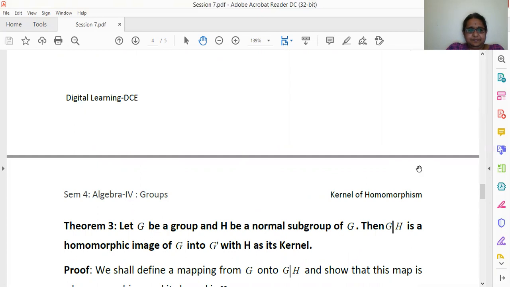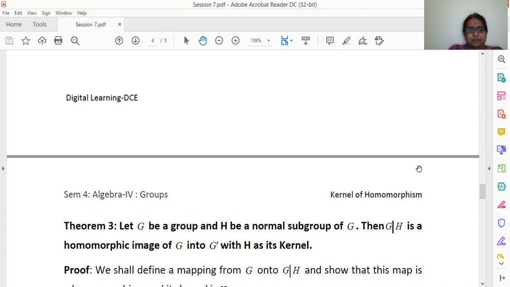Next theorem. Let G be a group and H be a normal subgroup of G. Then G by H is a homomorphic image of G into G dash with kernel H. So here the mapping has to be defined from G to G by H. G is a group, H is a normal subgroup of G, and G by H is a homomorphic image of G with H as its kernel.